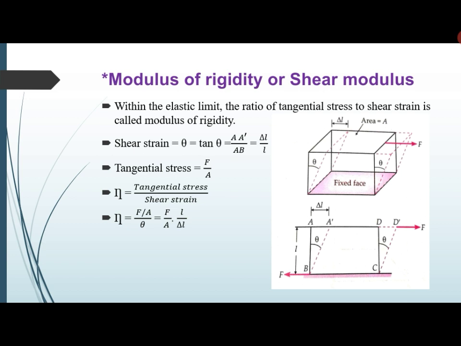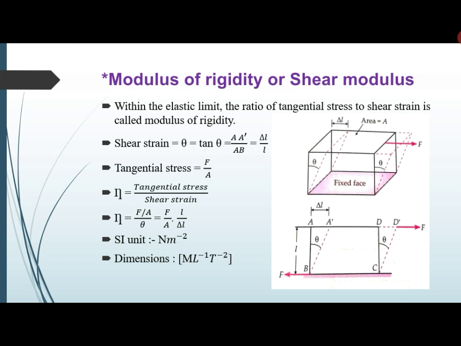After substituting the values, we get eta equals F upon A into L upon delta L. Now, this L upon delta L is a dimensionless quantity. Both have the same dimensions and the same units. So, the SI unit for this modulus of rigidity is Newton per meter square, and the dimension formula is again M L minus 1 T minus 2.